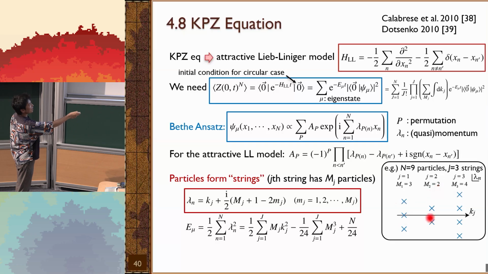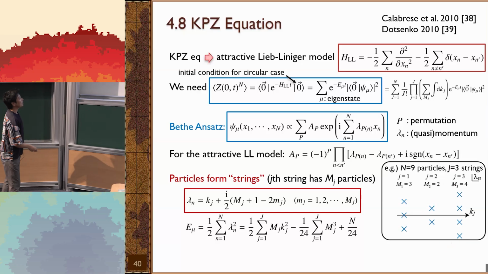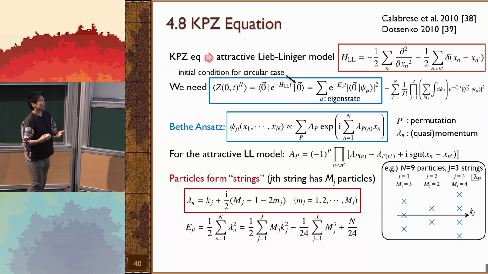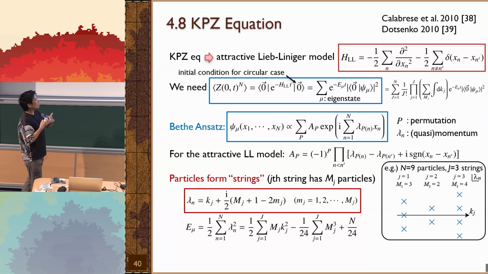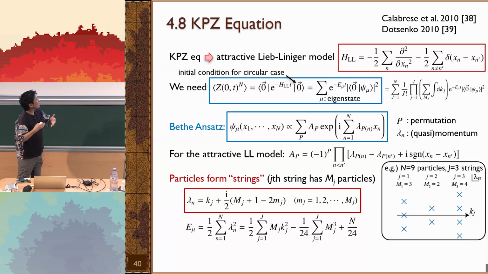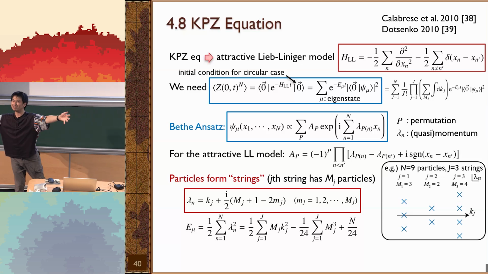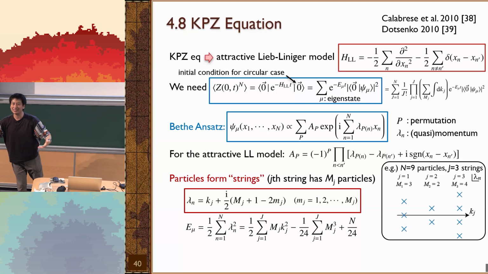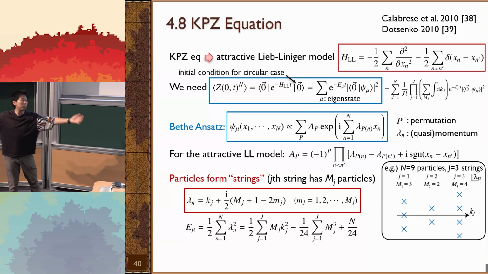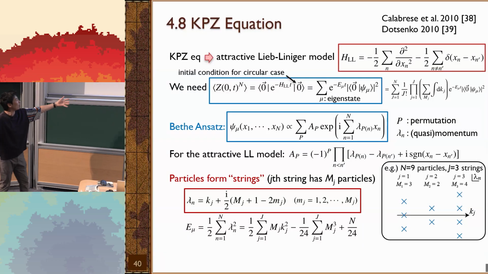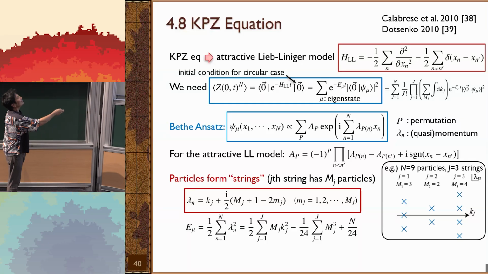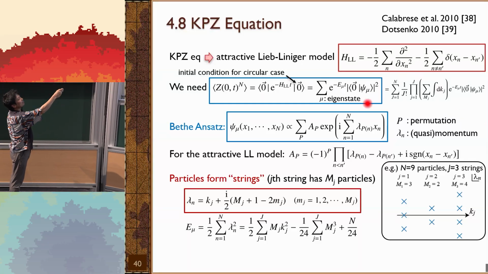If you have only 2 particles, it must be minus 1/2 i and plus 1/2 i, and so on. So given the total number of particles, there are many possibilities to distribute n particles into many strings, right? So you consider all possibilities, you sum over all possible configurations, and you can evaluate this sum.